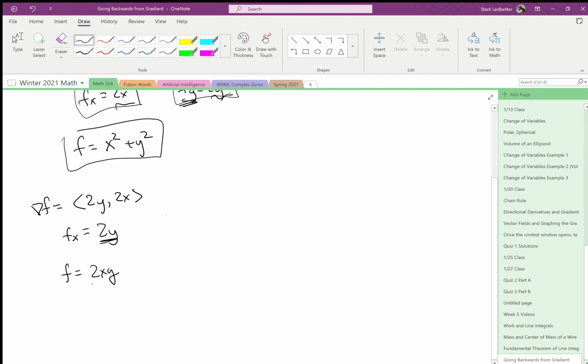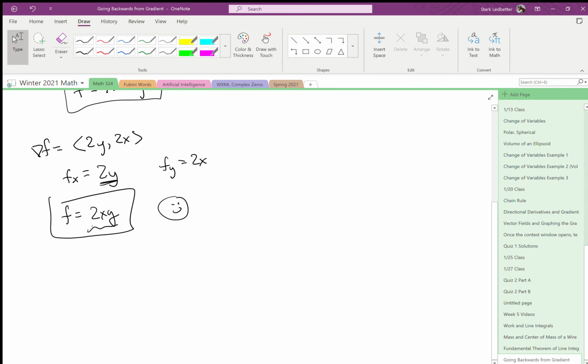And now, is that going to work? Because that's going to mess with my partial derivative of f with respect to y. But actually, it messes with it in the exact right way, because if I just take what I have here, take the partial derivative with respect to y, I'm good. I have 2x. Okay, so that was a happy coincidence. That was maybe even easier to guess.